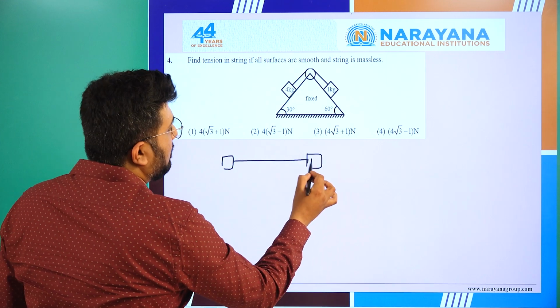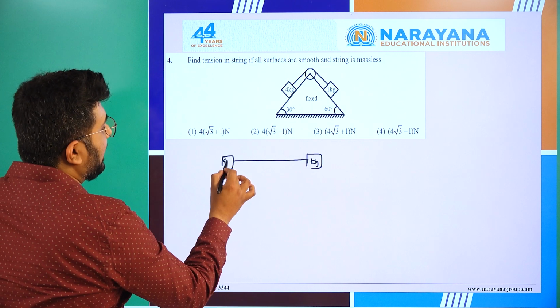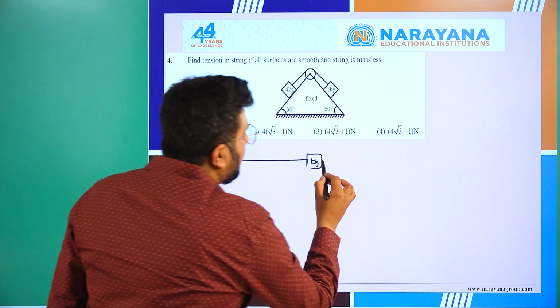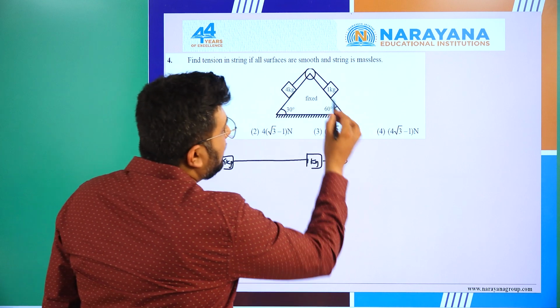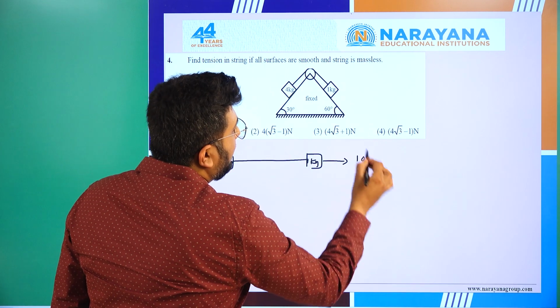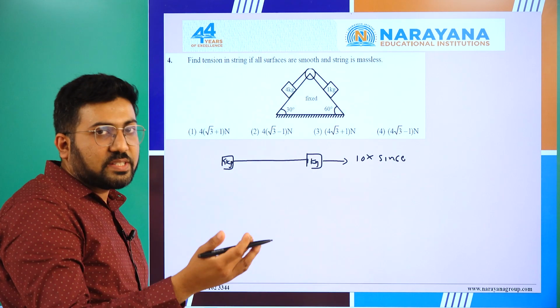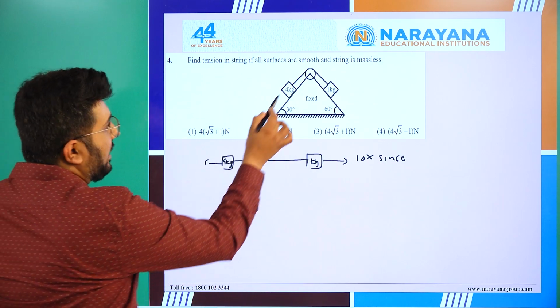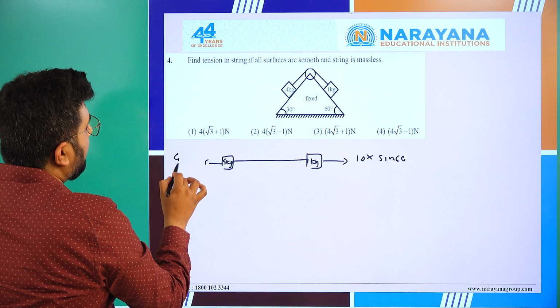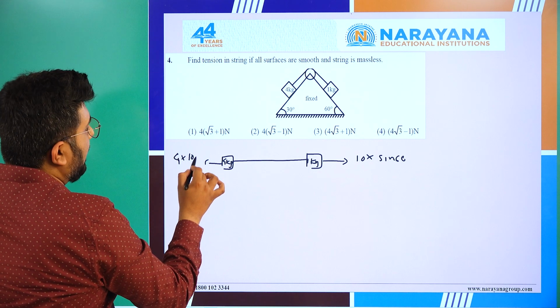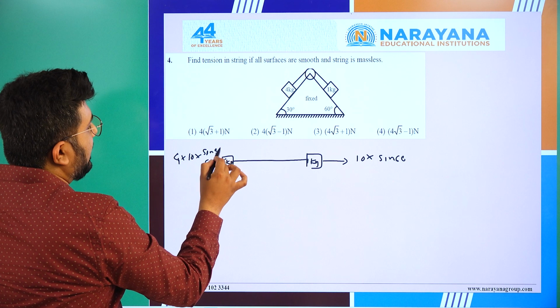This is the 1 kg block and this is the 4 kg block, and here the force is 10 into sine 60, mg sine 60, and here the force is 4 into 10 into sine 30. Sine 30 is half.